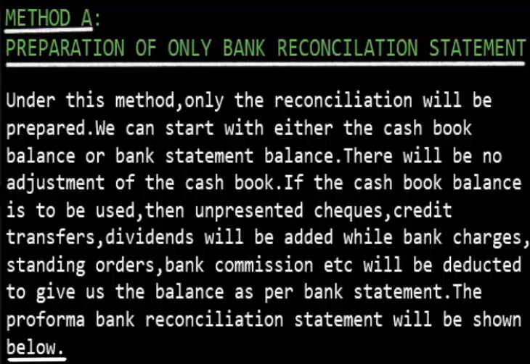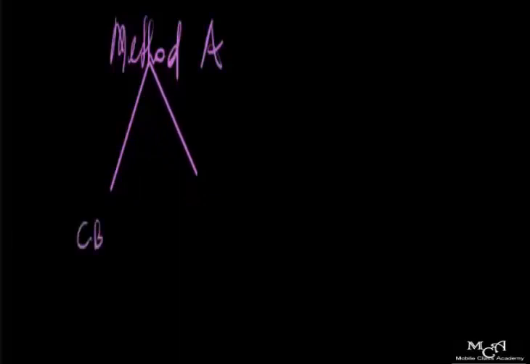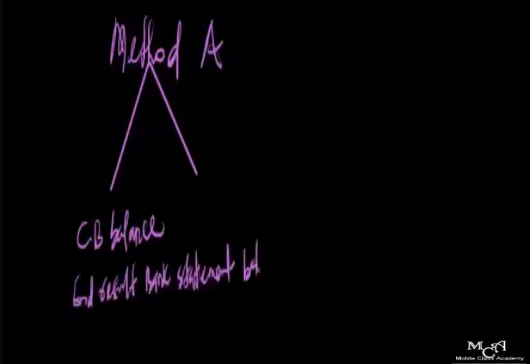In other words, we can equally say that using method A, there are two ways we can go about getting our desired answer. We can either start with the cash book balance, and the end result will be our bank statement balance.